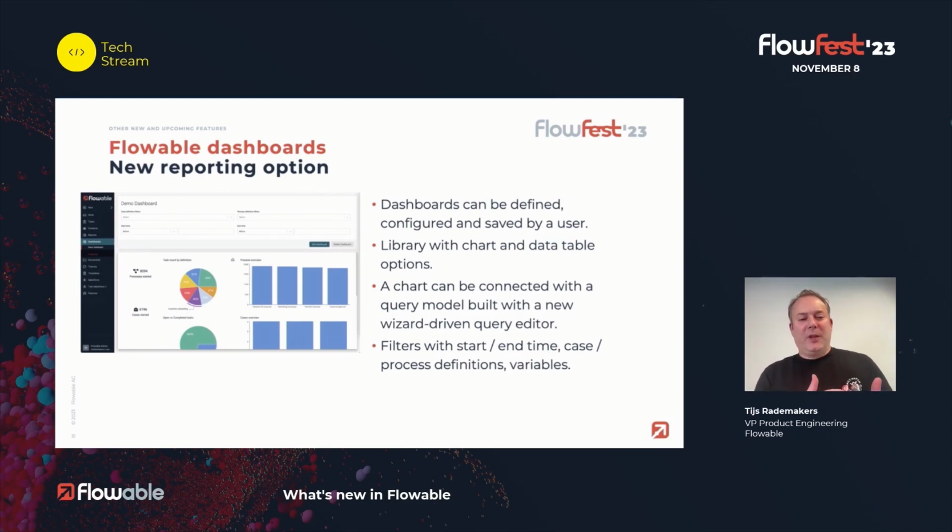So you can define a query using a wizard. So you can say, I want to get all tasks which have this category value, or give me all tasks that are created after this date. And then you can connect that to a dashboard component. So you can show it in a pie chart, in a line chart, in a bar chart, also a data table. So that's also a component available in this dashboard.